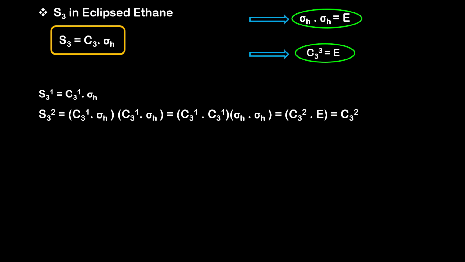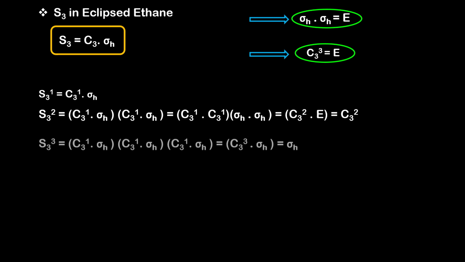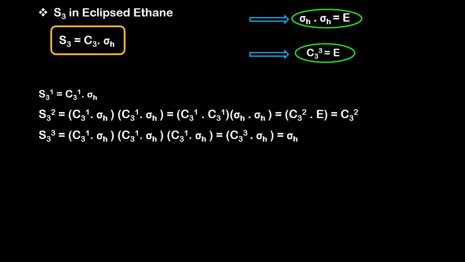That means C3^2 and two times sigma h, which leads to identity. So this is not a unique operation and it becomes C3^2. Next, S3^3. That means three successive operations of the improper rotational axis, which lead to sigma h. As we know, C3 raised to 3 is equal to identity.